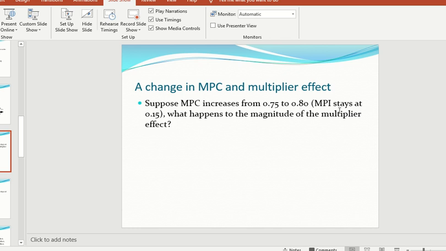Other information stays the same. MPI, for example, stays at 0.15. So let's find what happens to the magnitude of the multiplier effect. Why don't we pause for a few minutes? So you may want to pause your video a little bit so that you can work on this problem.